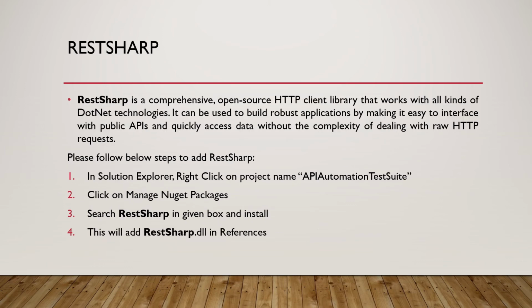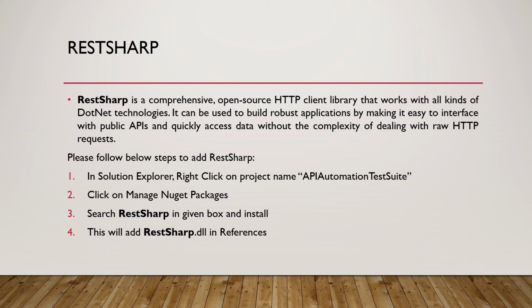RestSharp. RestSharp is a comprehensive open source HTTP client library that works with all kinds of .NET technologies. It can be used to build a robust application by making it easy to interface with public APIs and quickly access data without the complexity of dealing with raw HTTP requests.